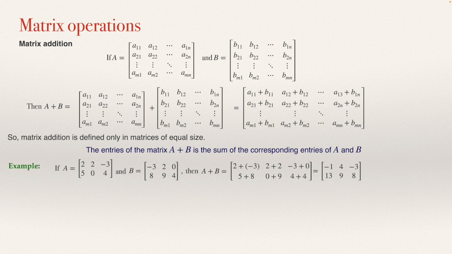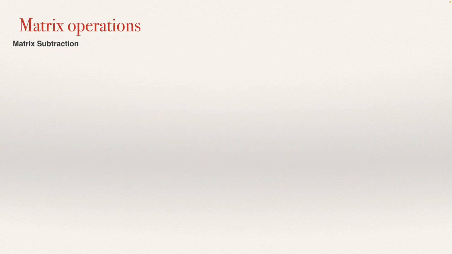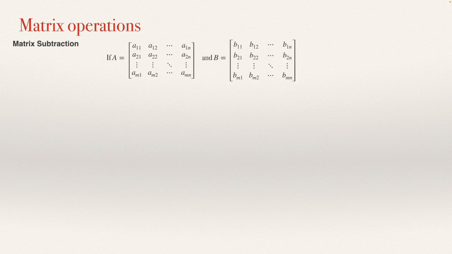The next operation will be, of course, matrix subtraction. If A is this matrix and B is a matrix of the same size, the subtraction is defined in a similar way to the addition. So you subtract the corresponding element of the second matrix from the corresponding element of the first matrix.